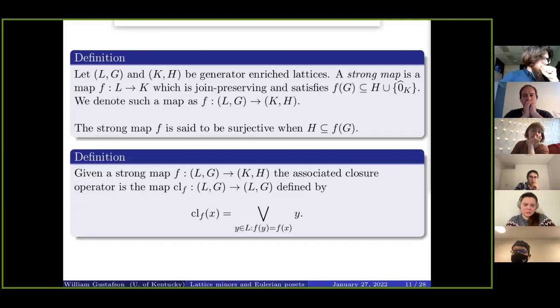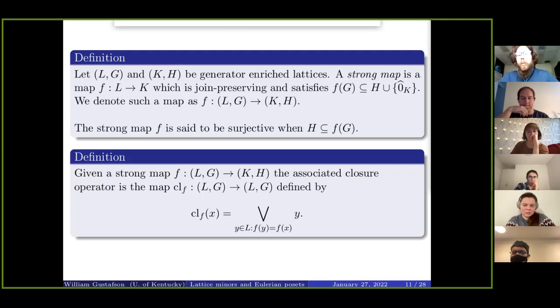So, a strong map between two generator enriched lattices is a join preserving map on the underlying lattices. And it also satisfies this condition that any generator in the domain is sent either to a generator or to the minimum element. I call this a strong map because it's a straightforward generalization of strong maps of matroids, or simple matroids at least.